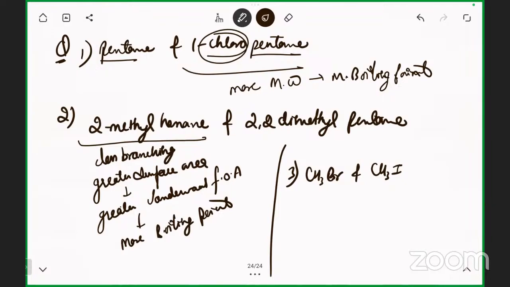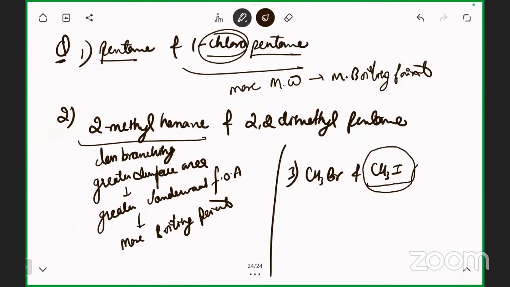Yes, speak fast. Methyl bromide has the highest boiling point, sir. CH3I, sir. Yes, sir. CH3I will have more boiling point. What is the reason?